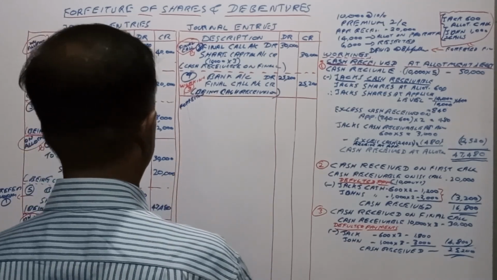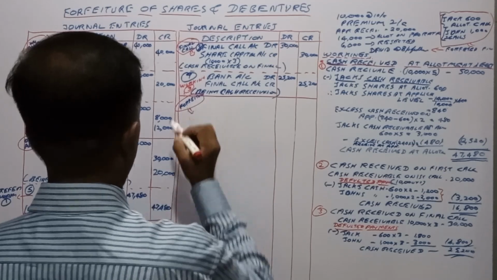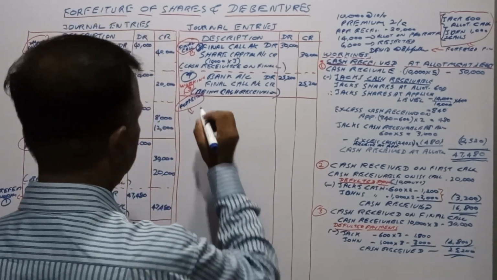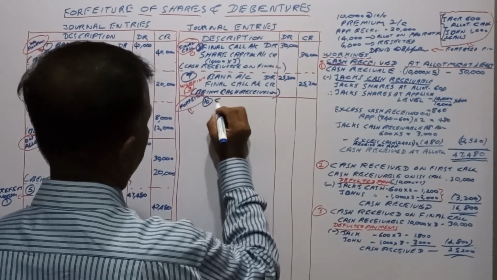Forfeiture. What is the double entry? That is number 10. Share capital account debit.